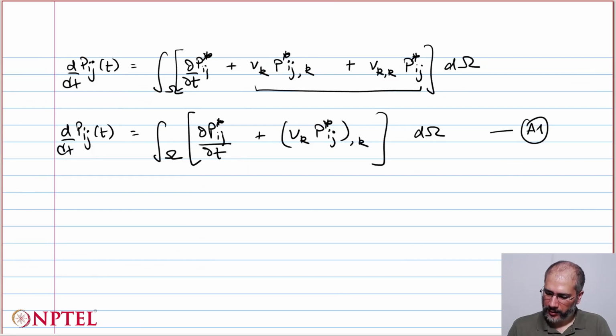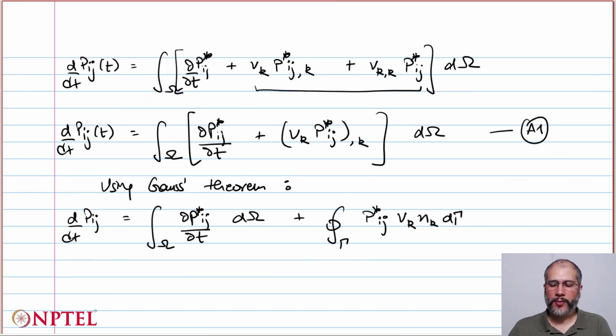And in fact, in this term that we have here, we can apply the Gauss's theorem to convert the volume integral to an area integral, which results in this. And this form we will label as A2.